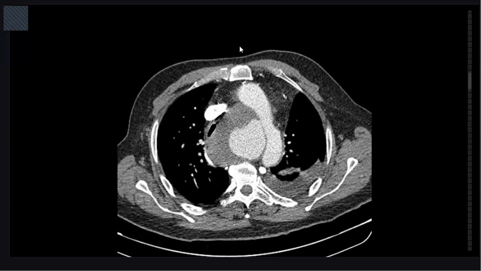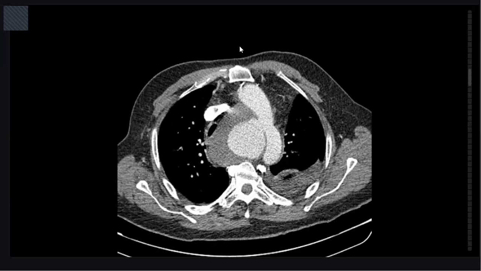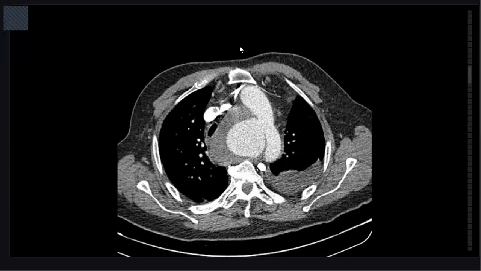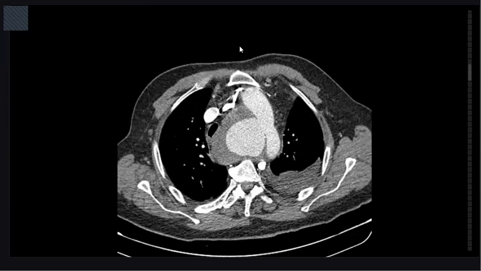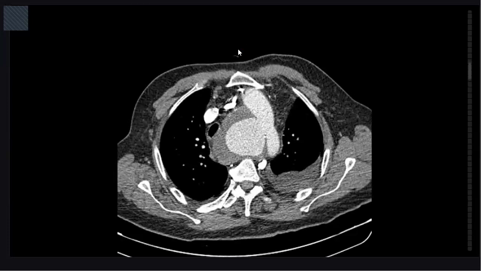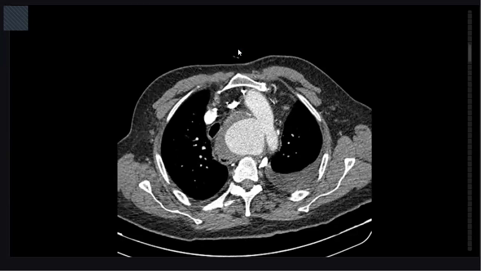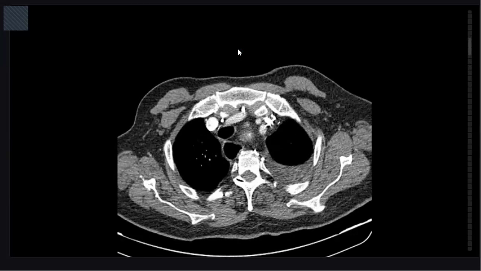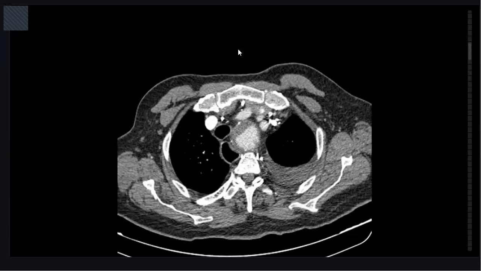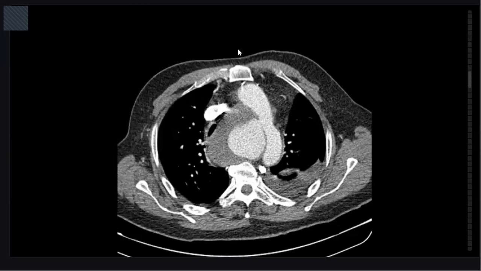Likely, this is a vessel. I will ask about the history of this patient if he has recent history of CABG operation. No internal mammary operation, no history of operation.